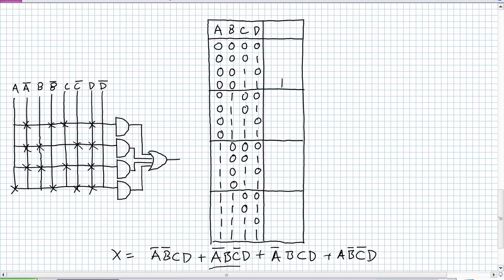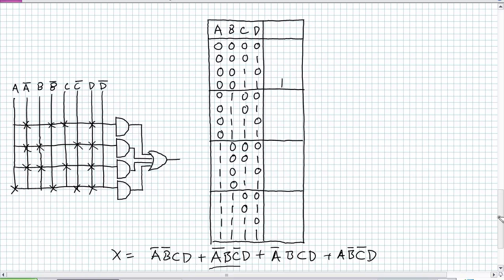I'm going to do this example right here. The second term, the second AND gate, is not A, ANDed with B, ANDed with not C, ANDed with D. What is the one combination of inputs that will make that one a 1? Well, if A, B, C, and D are respectively 0, 1, 0, 1, then the expression not A, B, not C, D gives 1, 1, 1, 1 fed into that second AND gate, which outputs a 1.